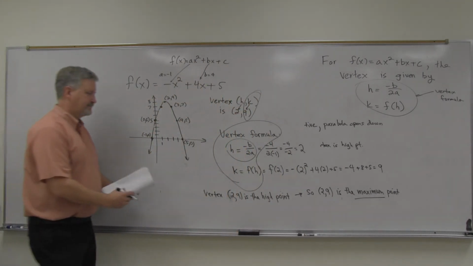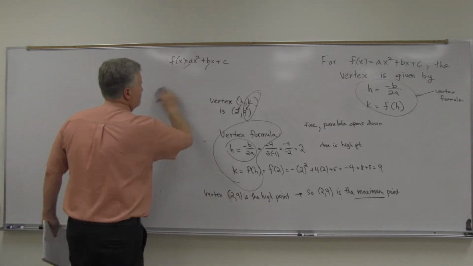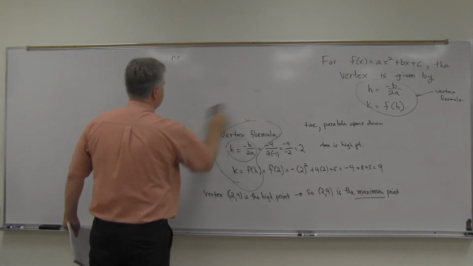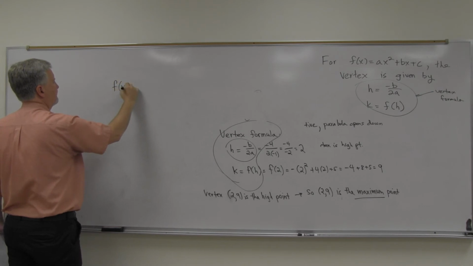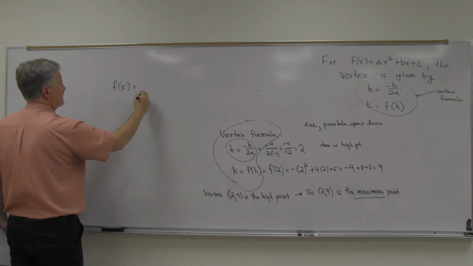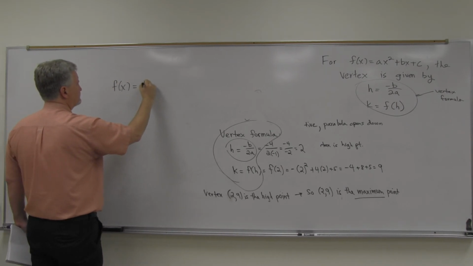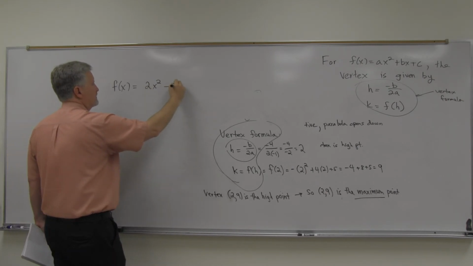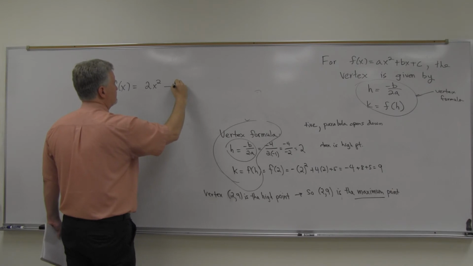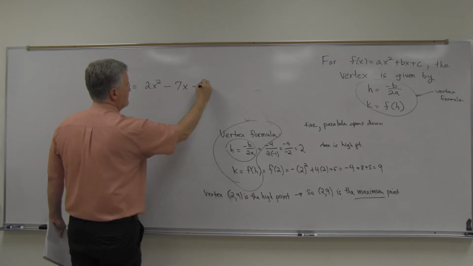All right. Let me do one of these and then we'll show you an application. So we're not going to graph this one. We're just going to do this. So f of x equals, just make one up, 2x squared minus 7x minus whatever.